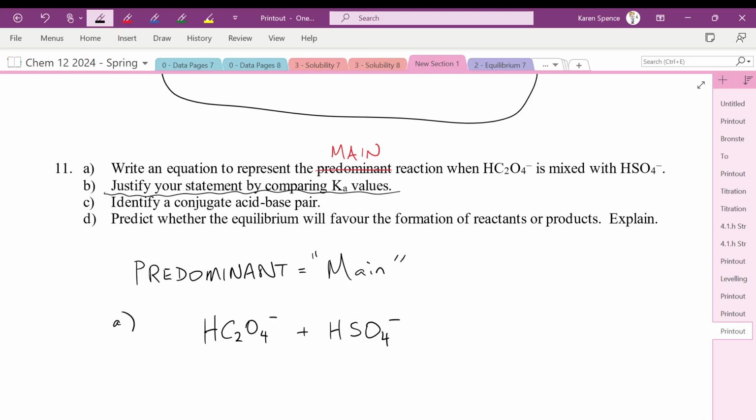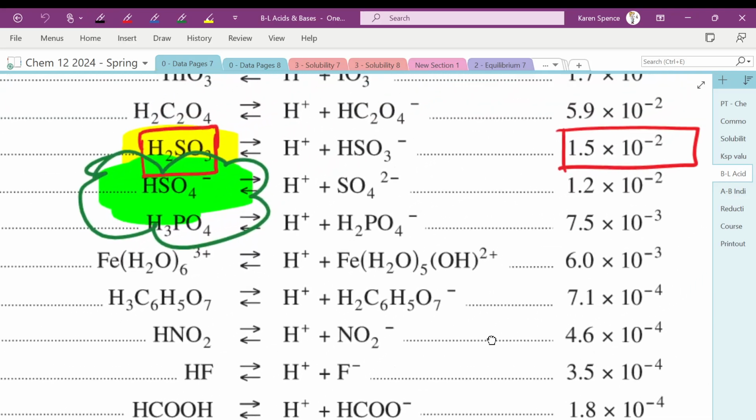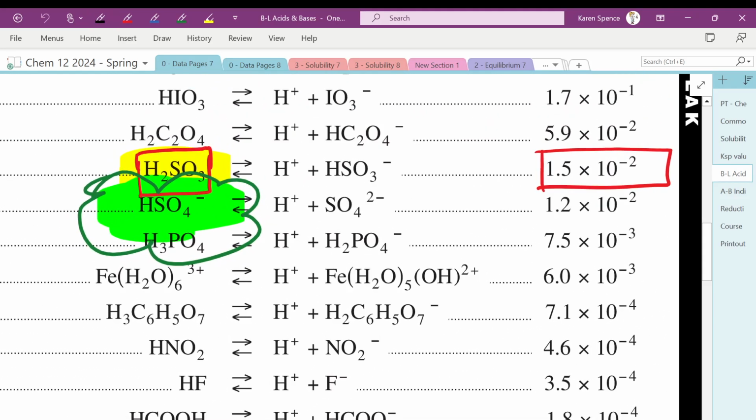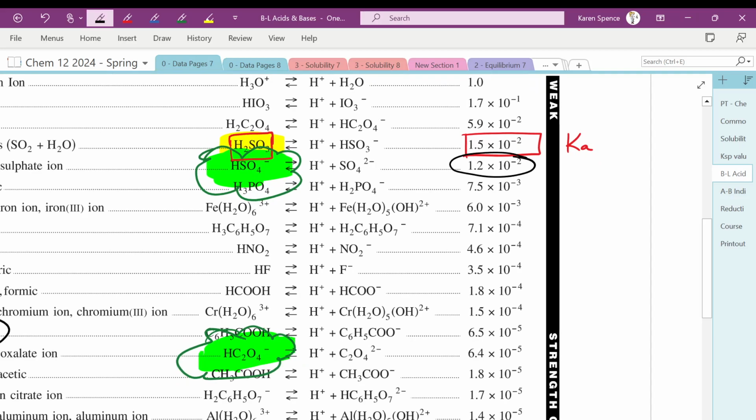Let's go find the Ka value for HC2O4 and HSO4. HSO4 is in green here. There's its Ka value, 1.2 times 10 to the minus 2. And HC2O4 minus, its Ka value is 6.4 times 10 to the minus 5.